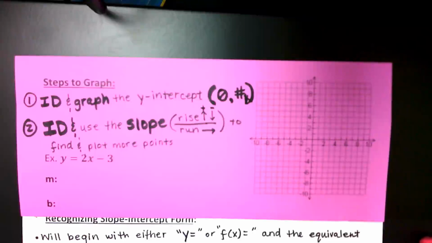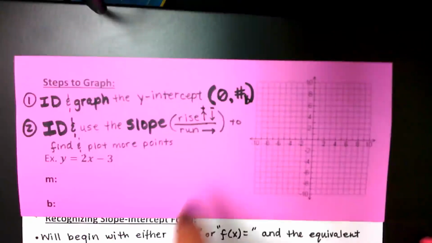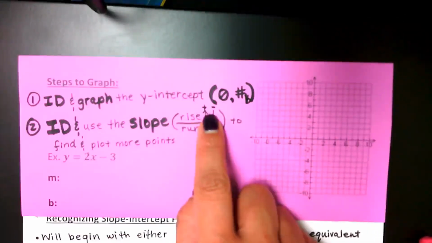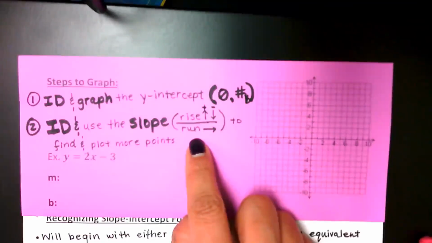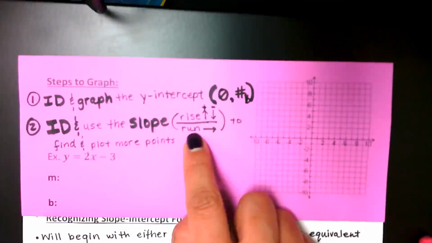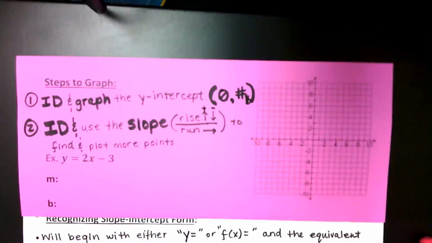It will be a coordinate 0, comma, number. Then we identify and use the slope, rise over run. Remember, it will go up if it's a positive number, down if it's a negative number. And just like domain, you should always move from left to right. So your denominator should be positive, I would recommend, just to avoid confusion. We use the slope to find and plot more points.